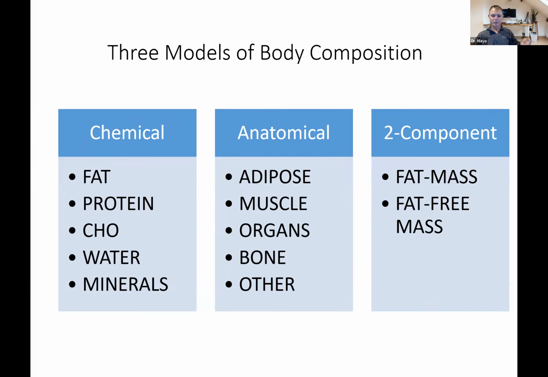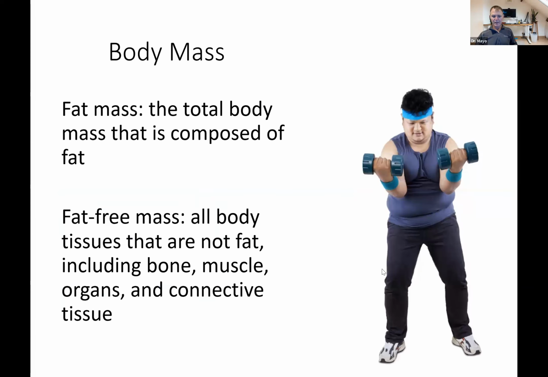Basically you've got fat mass and you've got fat free. And a lot of our techniques, really just because they're pretty simple, only use these two components. So let's go ahead and talk about these. I think you know this, right? Fat mass is basically how your body is composed and how much fat is there. And then the fat free is everything else.